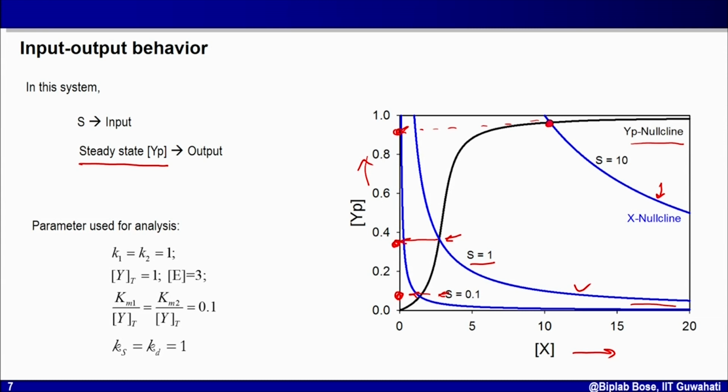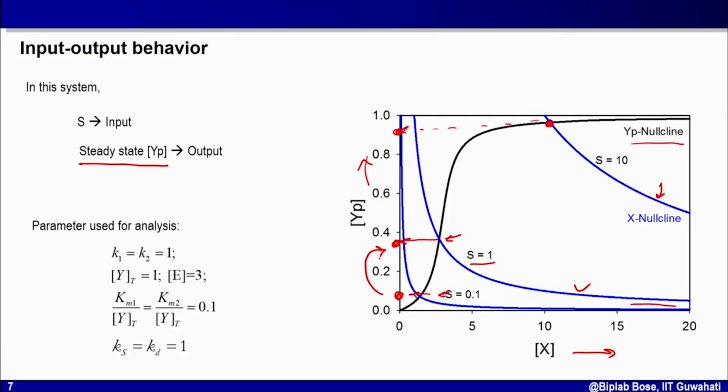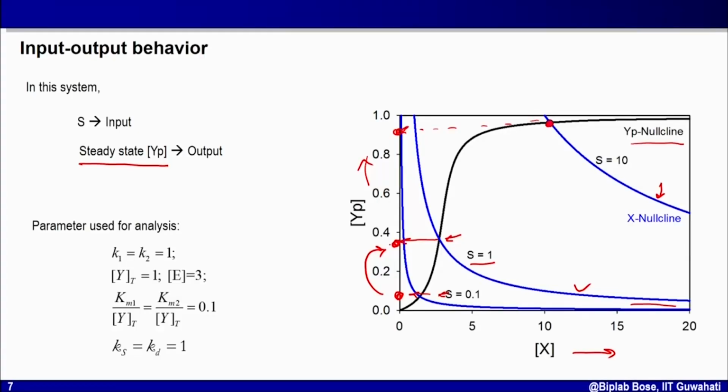So when I have changed S from 0.1 to 1, 10 times, I have changed from here to here. But when I change from 1 to 10, another 10-fold change in signal, I have a rapid change in YP to a very large value.